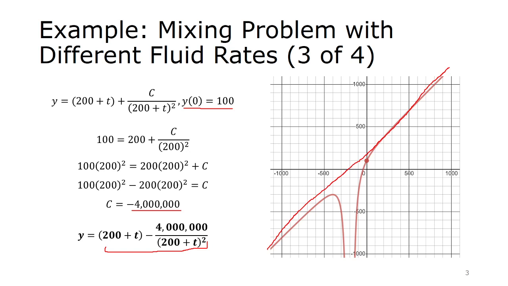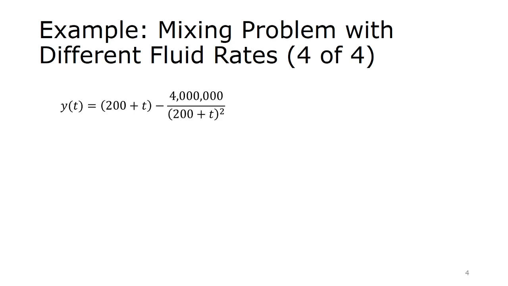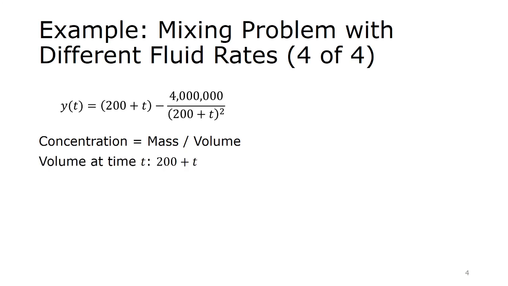So let's take a look at that. If we were to take that particular solution and write the concentration function, remember that concentration is the same as mass divided by volume. So also remember that we calculated the volume at time t as 200 plus t. So all we need to do to write a concentration function is to take this mass or weight function and divide it by 200 plus t. And so that looks pretty neat, right?